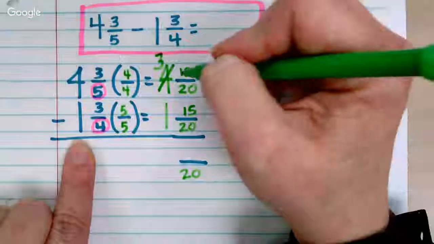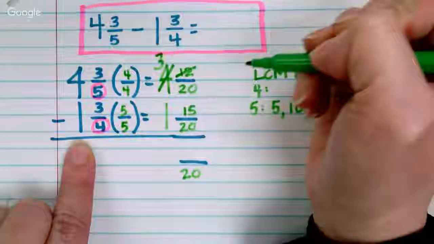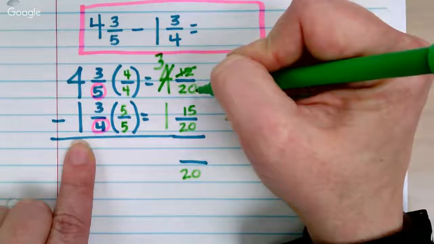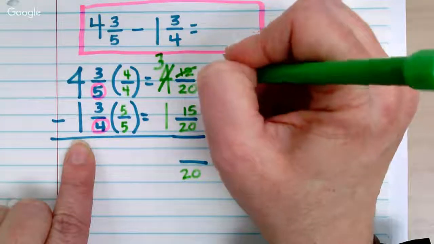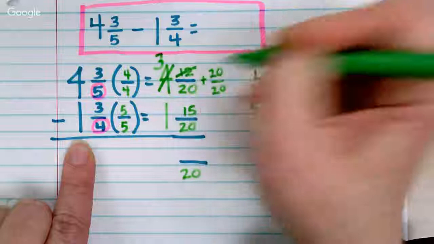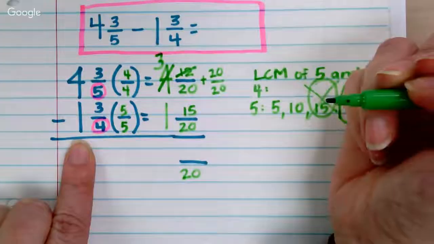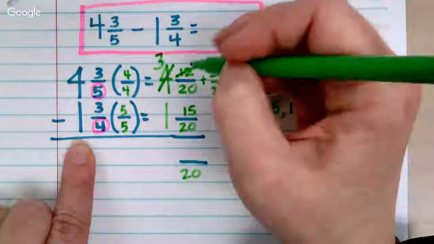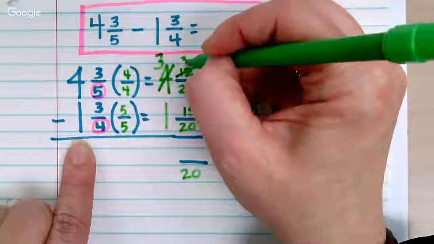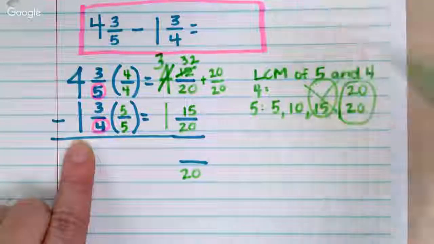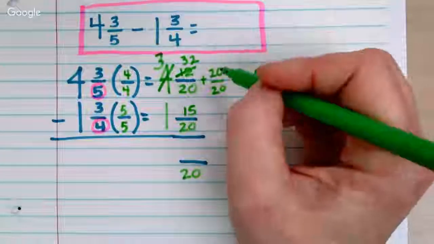But I have to decide what the whole is that I'll give it. Whatever's in the denominator position, I'm going to give to the numerator because look, it's like adding 20/20. 20/20 equals a whole. I would simply add 20 to 12. So my numerator is going to be 32.